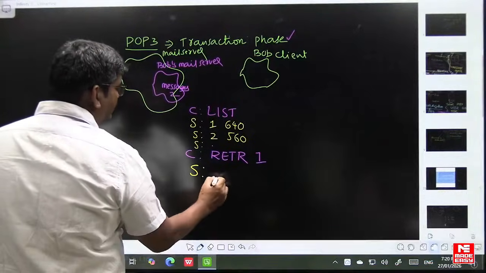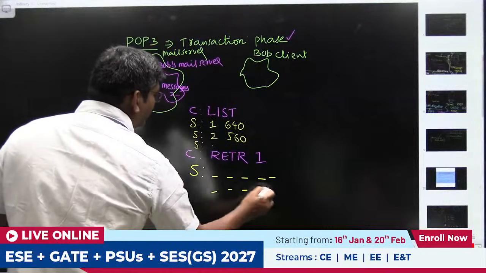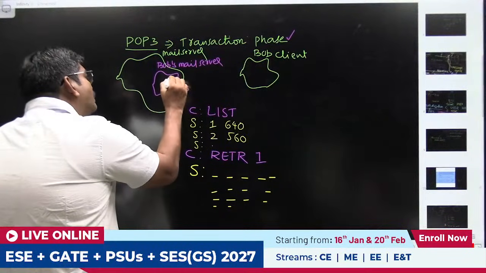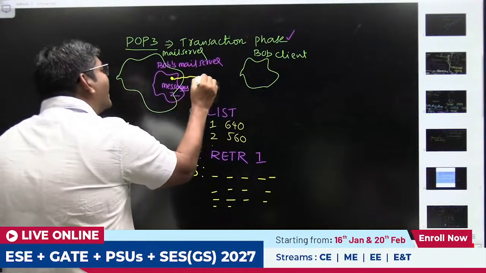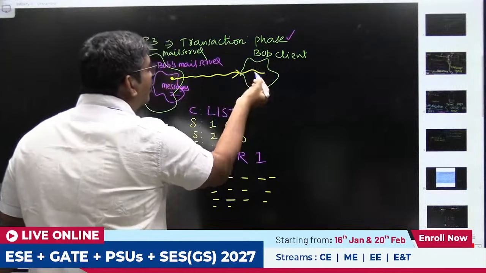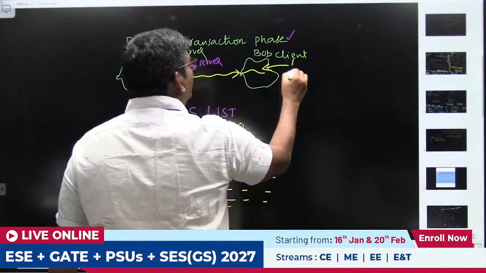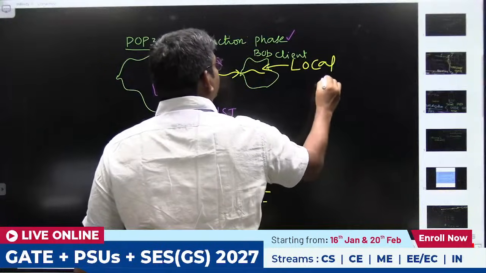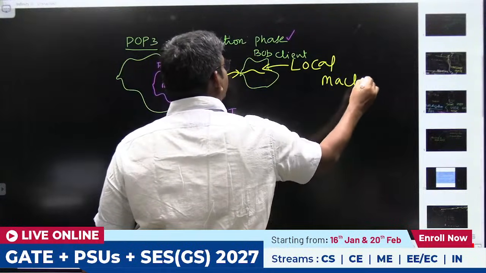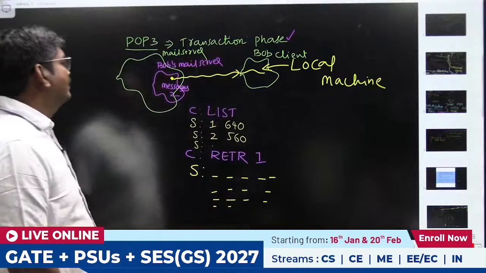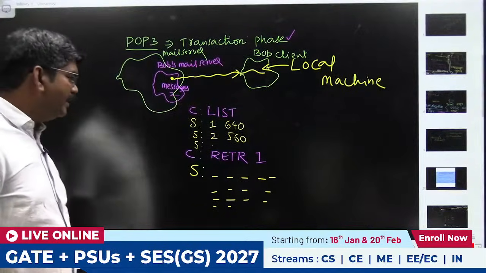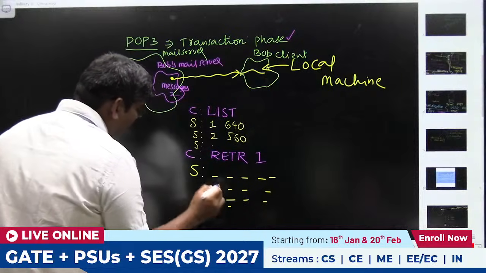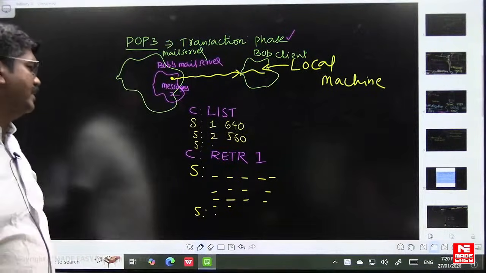So the whole data of the mail has been accessed, and that particular mail 1 has been retrieved to the local machine, the local machine of Bob. At the last the server can give the dot operator to convey that the transaction has been done.